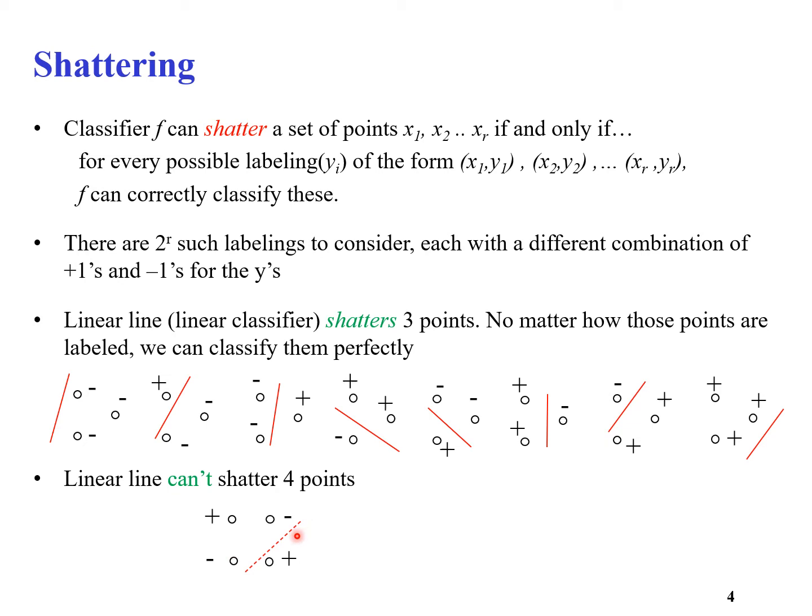So by the definition of shattering, this linear classifier cannot shatter 4 points. So a linear classifier can shatter 3 data points, but cannot shatter 4 data points. That's the definition of shattering.